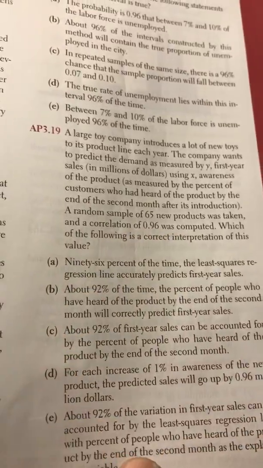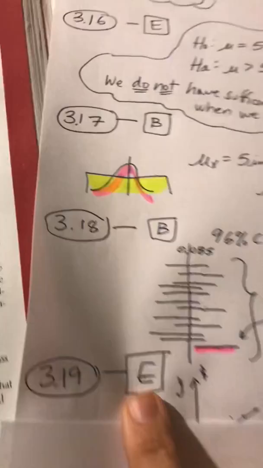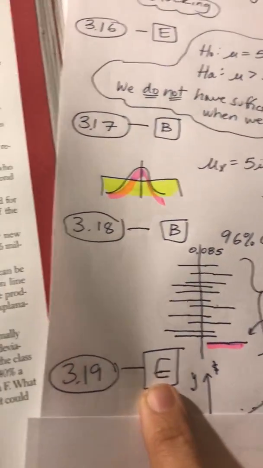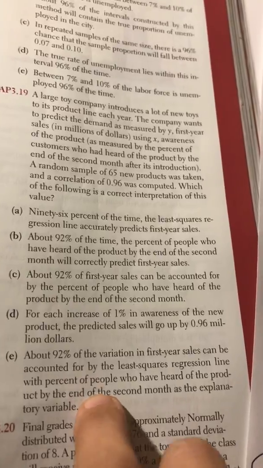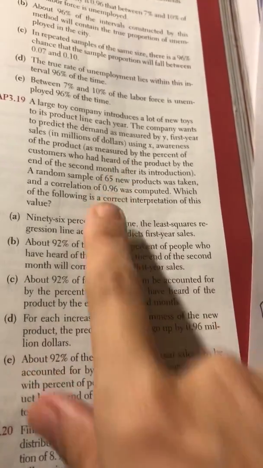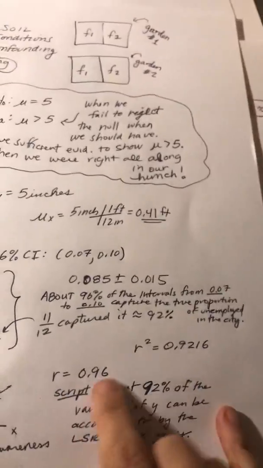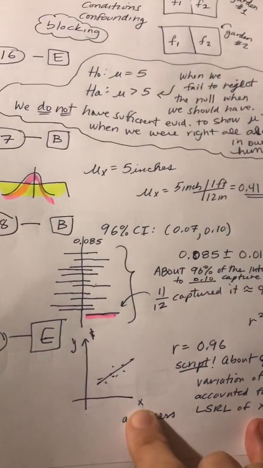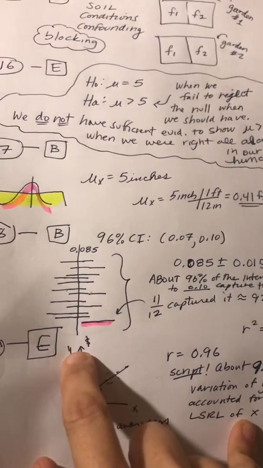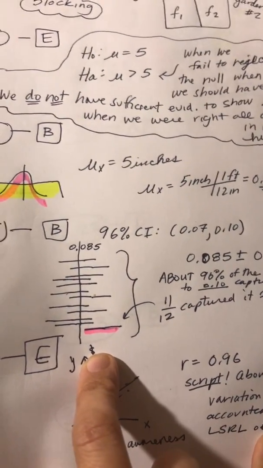In fact, answer number E is our script. This is exactly our script when we take our correlation factor and square it. So when we think about what's happening, we're thinking about the awareness of my product and whether it correlates to the first year sales.